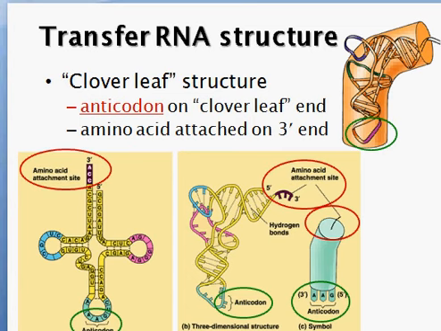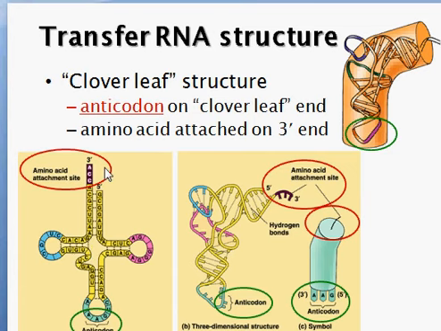The structure of a transfer RNA molecule has been described as a clover leaf. So if you look at it two-dimensionally, it does have this clover leaf idea. And you can see it is a sequence of nucleotides, in this case RNA nucleotides, in a polynucleotide sequence.